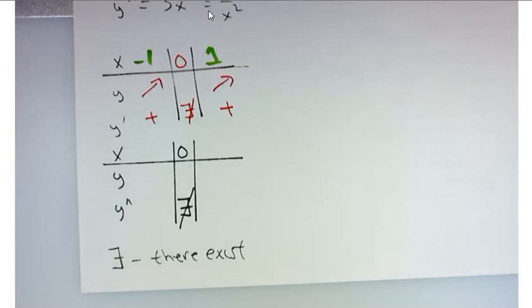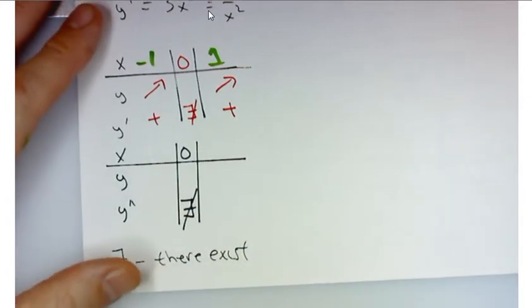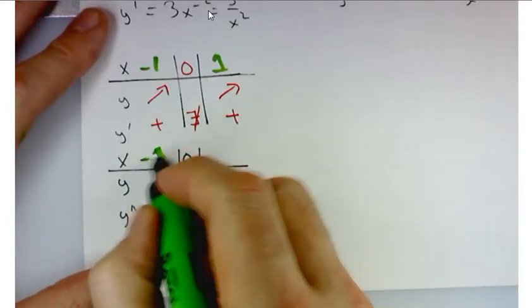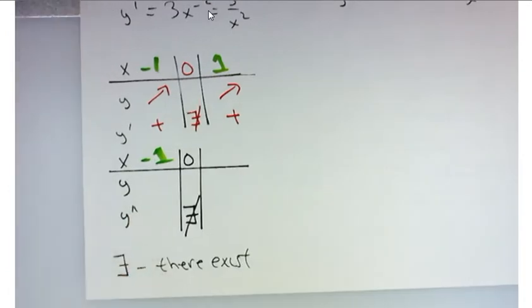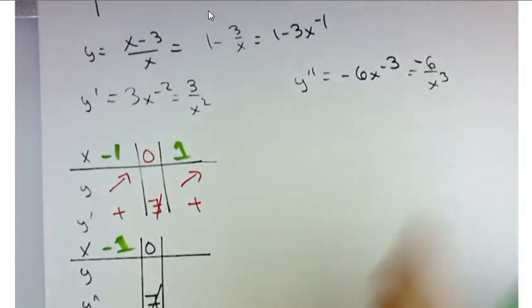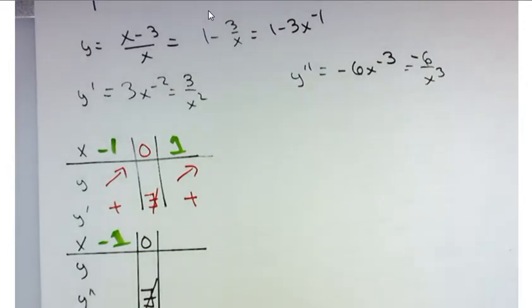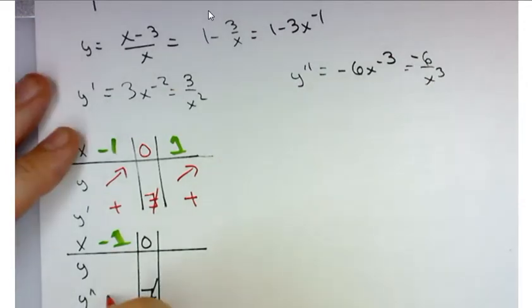We can look at the second derivative to the left of 0 and to the right of 0 and see what happens. So to the left of 0, if I plug in a point, say, let me be adventurous and use -1. If I plug in a -1 into my second derivative, it's going to be positive. But let's be careful. Positive second derivative does not mean increasing.